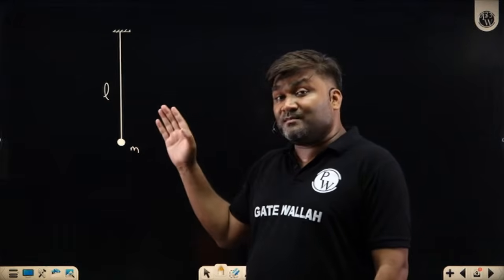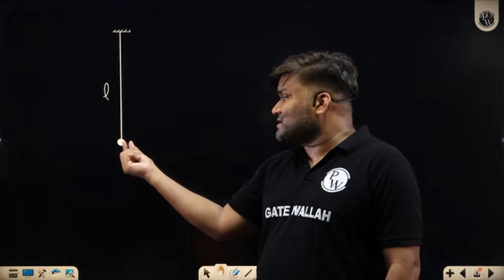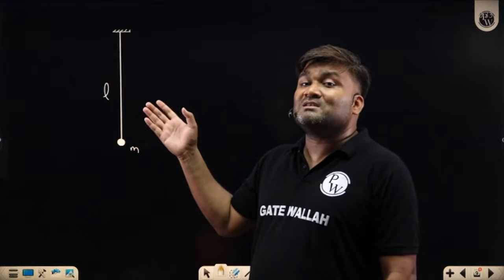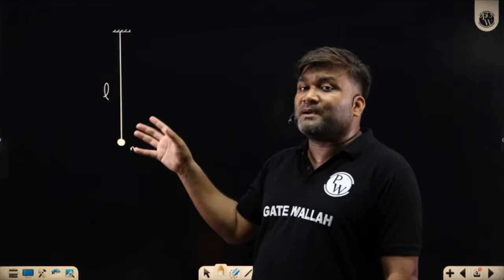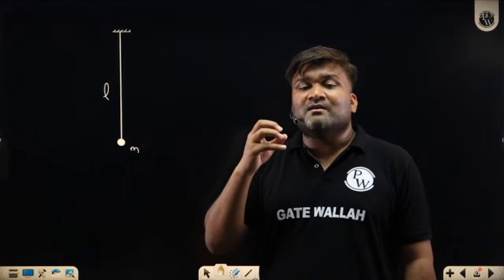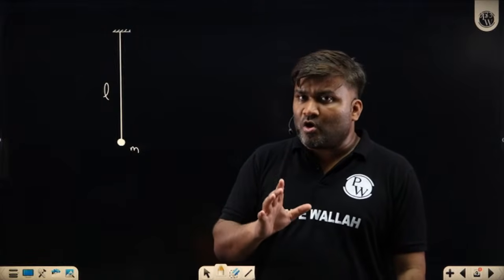If you take this system into space, gravity is absent, and if you disturb this system from the mean, it doesn't vibrate at all. Why? Because the stiffness was depending on the gravity. So this kind of question cannot be solved by the Rayleigh method. The Rayleigh method says that the system must have its own stiffness. It should not depend on the gravity.